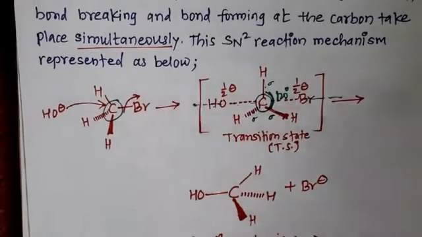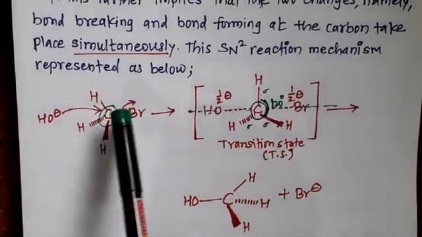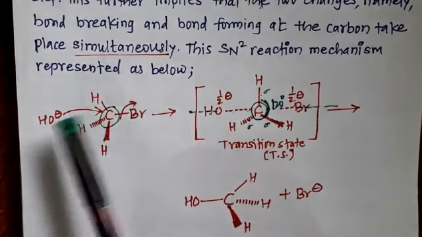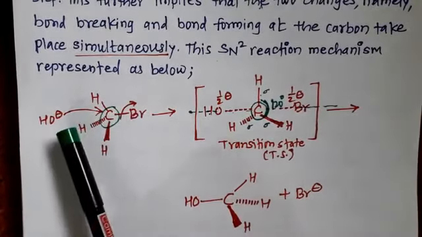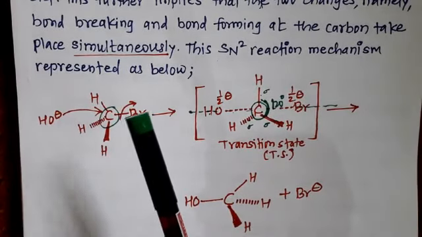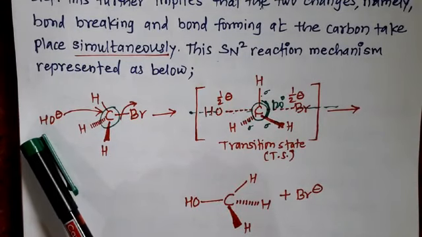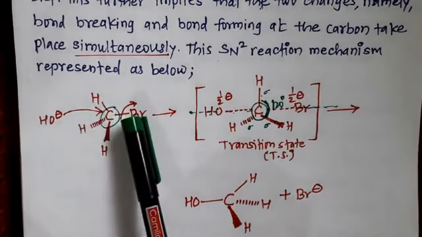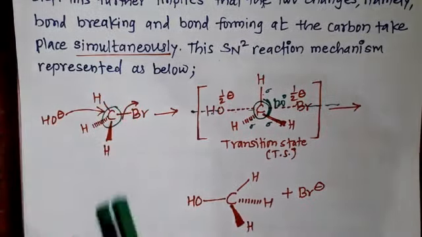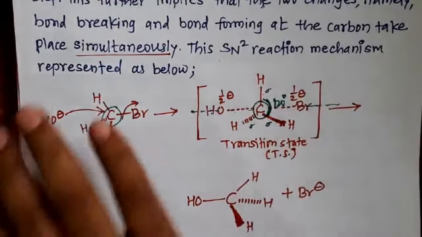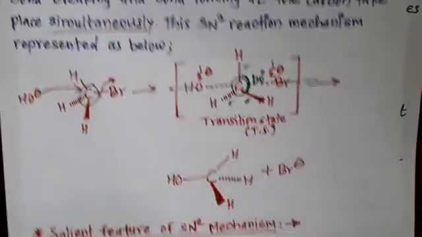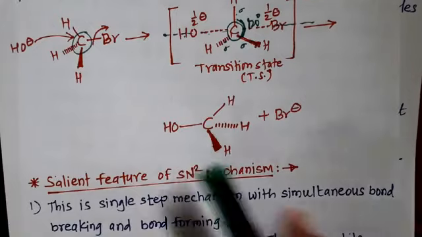Here all these hydrogens are on the opposite side of Br, on the left side of the Br, but when the nucleophile attacks from the backside of Br, then inversion of configuration of this substrate takes place, meaning all bonds become inward as shown in the product.